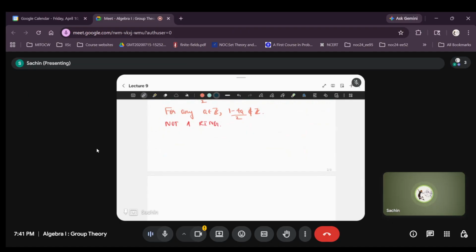Then we define this subring. Let R be a ring.